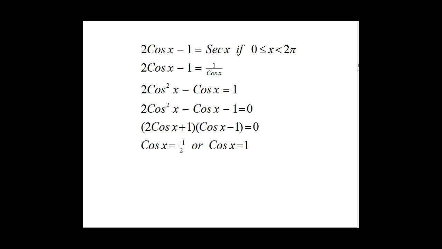Cosine is negative a half in 2 places, in the second and third quadrants. So cosine is negative a half at 2 pi over 3 and 4 pi over 3, and cosine is equal to 1 at 0. So we've solved that equation by factoring, setting each of those equal to 0, solving both of those, and looking on the circle between 0 and 2 pi, once around.